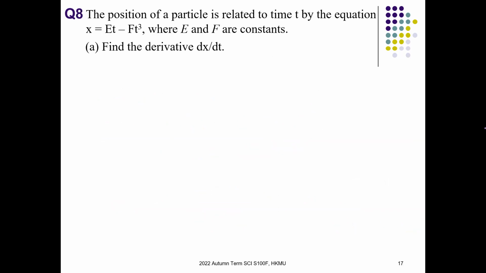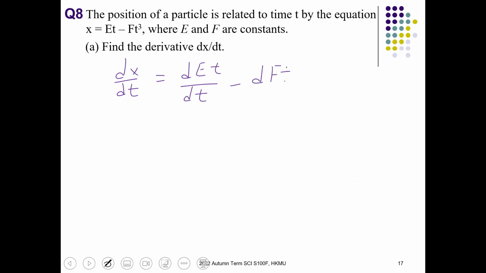In question 8, we consider the position of a particle related to time t by the equation x equals et minus ft cubed. First of all, we need to find the first derivative. We have a differentiation of two parts.